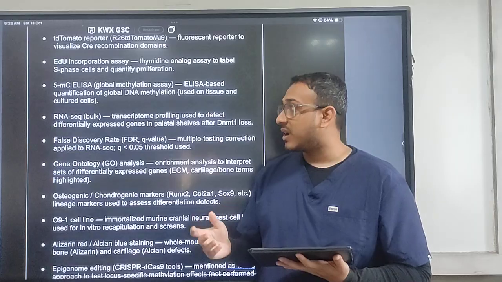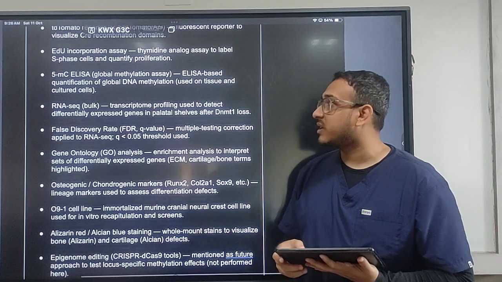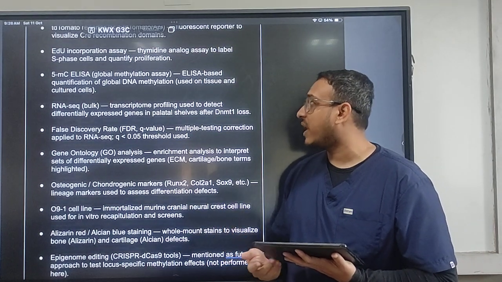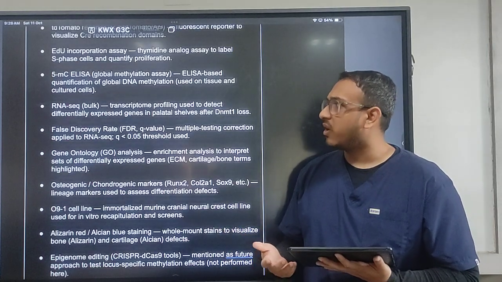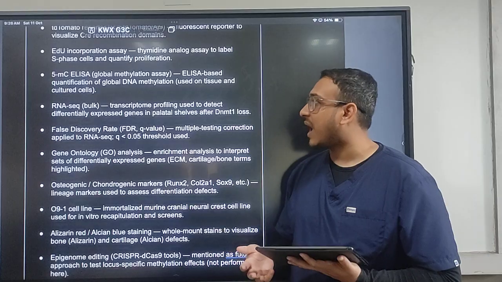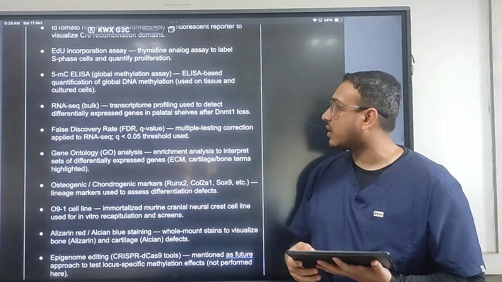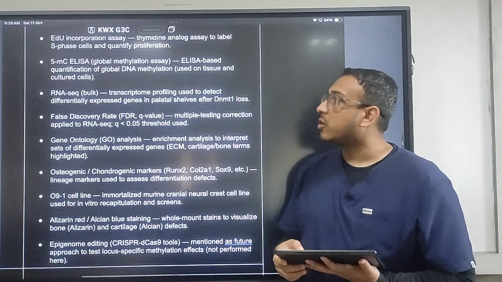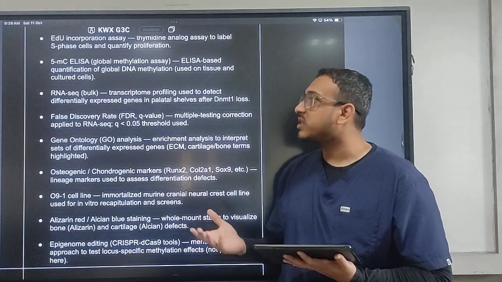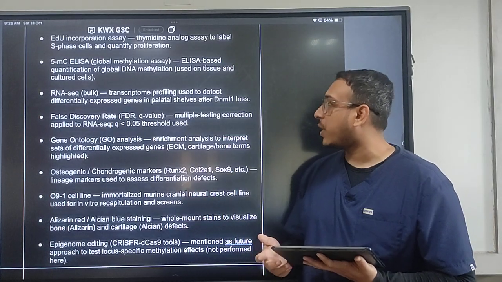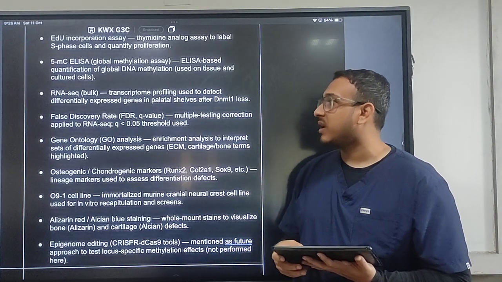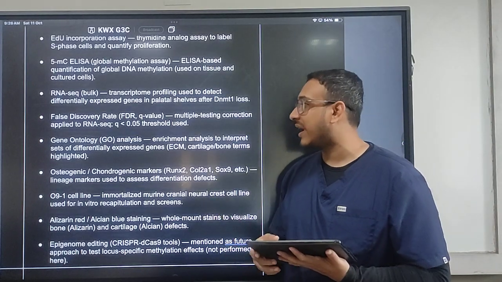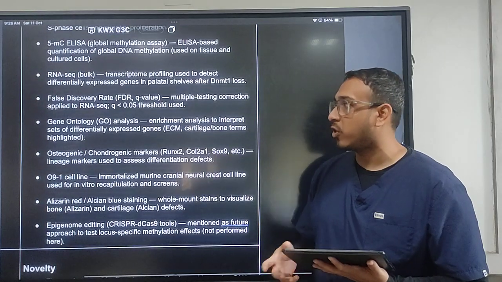RNA sequencing is a transcriptomic profiling method used to detect differentially expressed genes in palatal shelves after DNMT1 loss. The false discovery rate is a multiple testing correction applied to RNA sequencing. A Q value threshold of 0.05 was used.